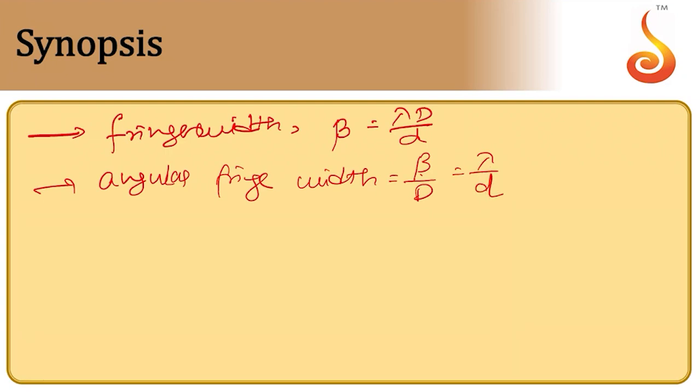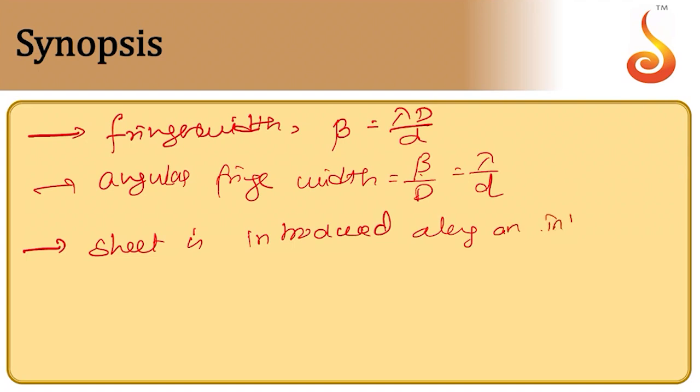Suppose a transparent sheet is introduced along an interfering wave. Assume that its thickness is t, refractive index is n.